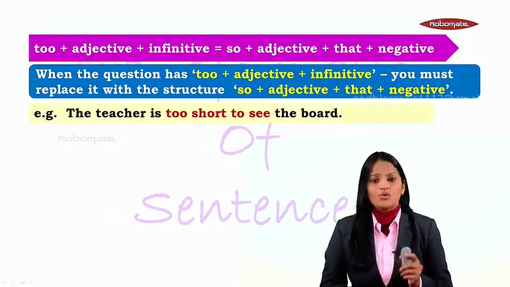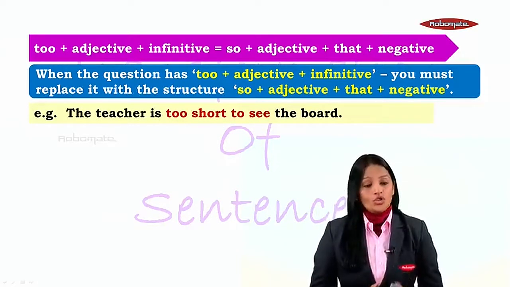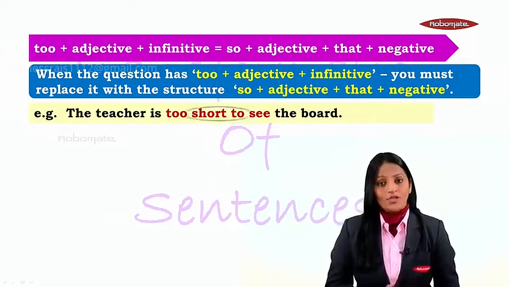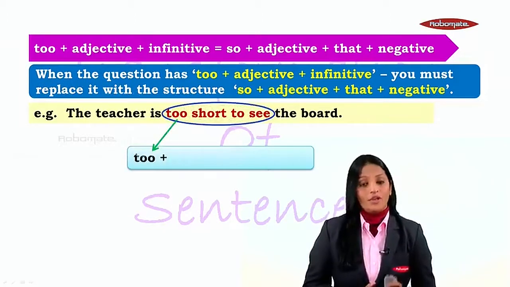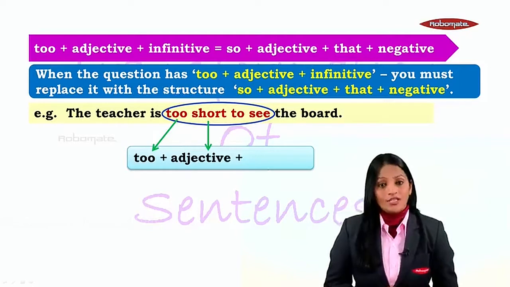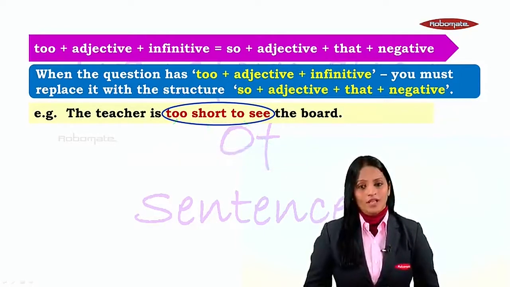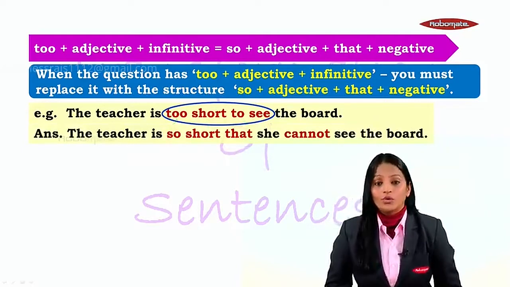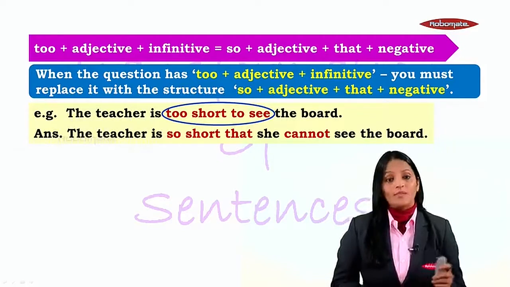Let's take a look at an example. The teacher is too short to see the board. Now, too short, short is the adjective. So here we have the structure too plus adjective plus infinitive. Too short is the adjective and "to see" we know, students, is the infinitive. In such a case, what do we do? We will use the other structure, so plus adjective plus that plus negative.